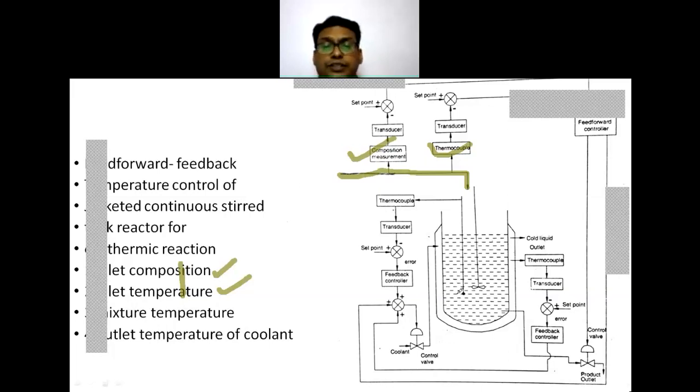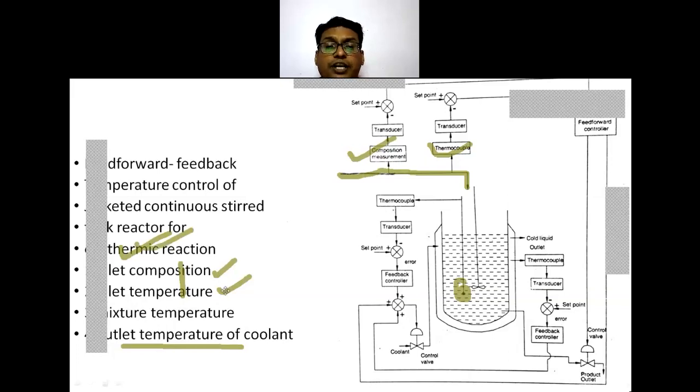And for the outlet, I am going to measure the mixture temperature which is going outside and the outlet temperature of the coolant, because this is an exothermic reaction. We have already seen in the case of a feedback controller about this exothermic reaction.